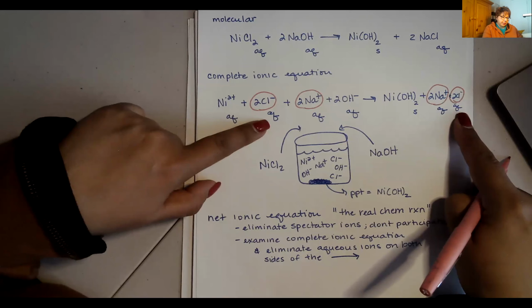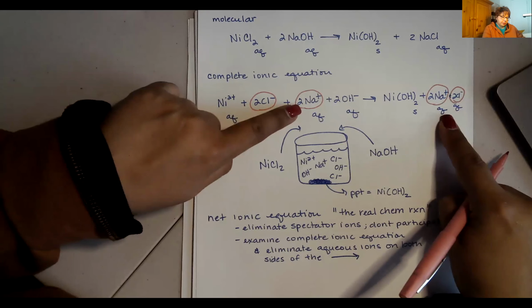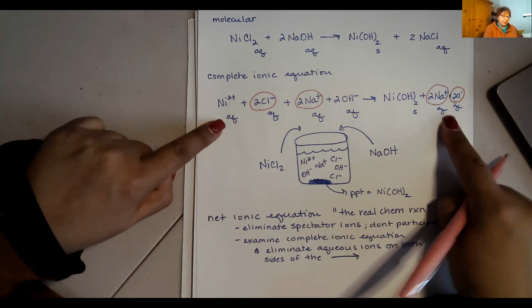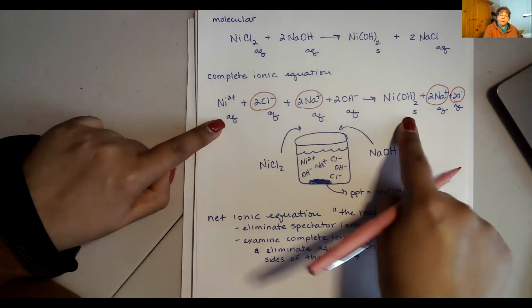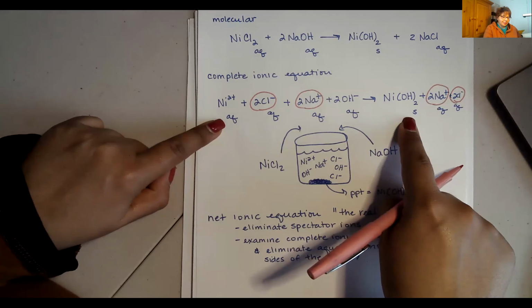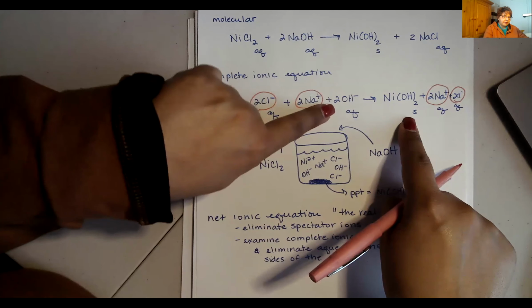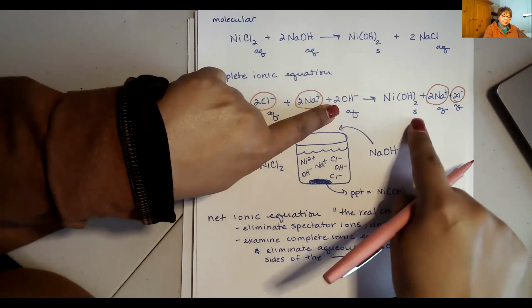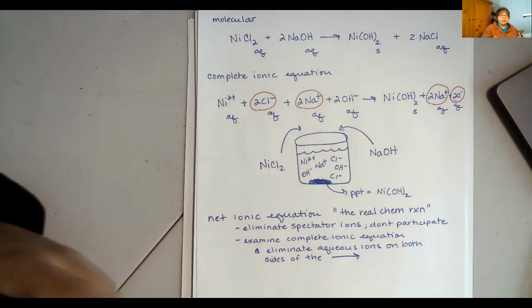They're both aqueous. But when I compare this to nickel, I have nickel over here, but nickel is within a compound over here. So it is not the same on both sides of the equation. The same thing with hydroxide. Even though it's balanced, hydroxide is aqueous on this side, but it's within a compound in the product side. So I leave it alone.